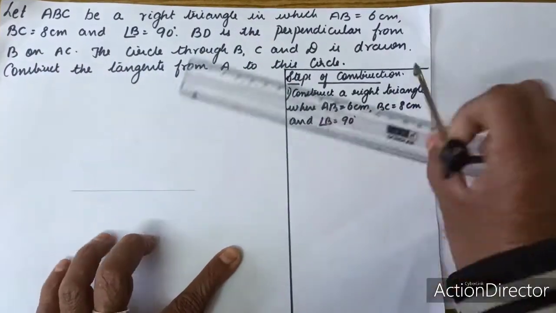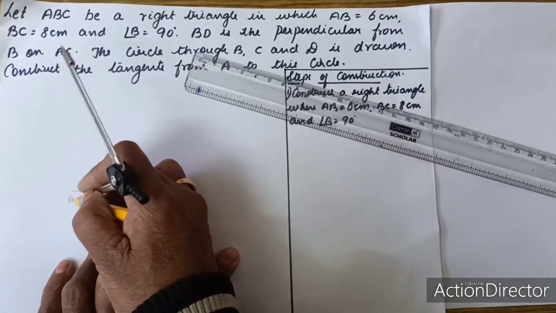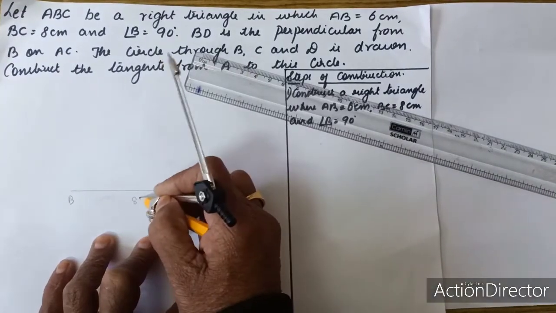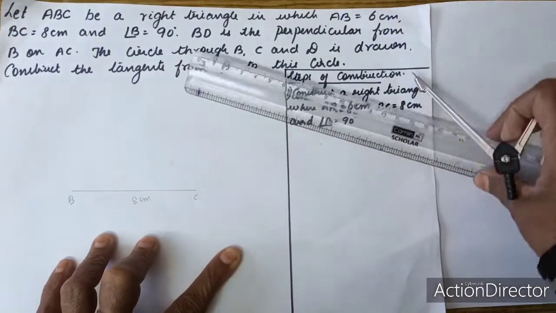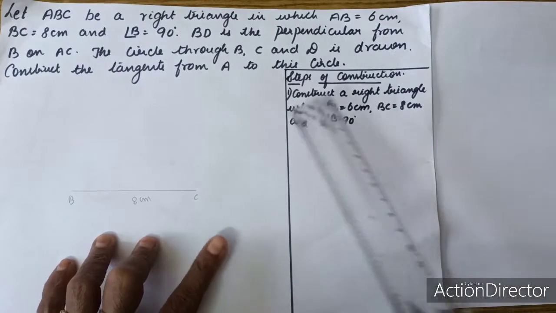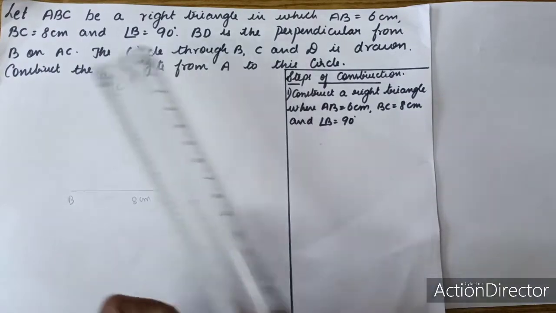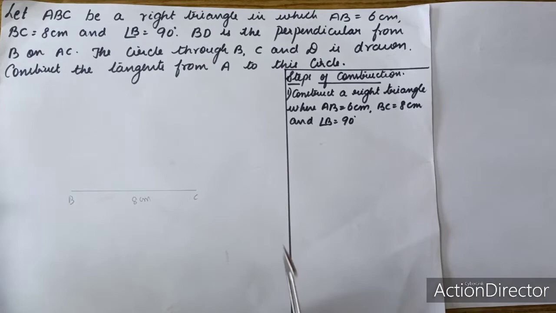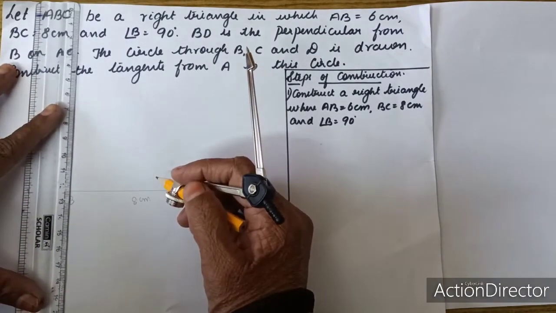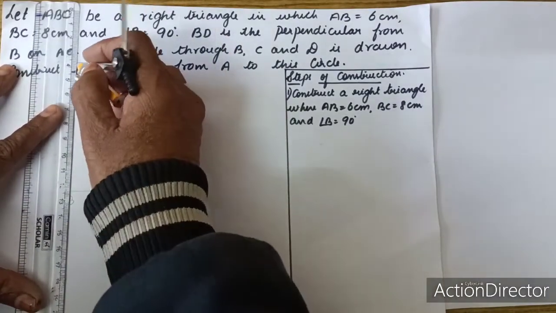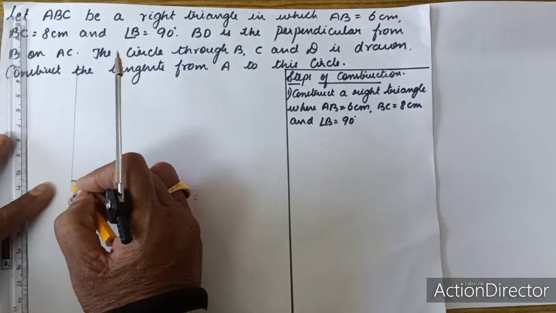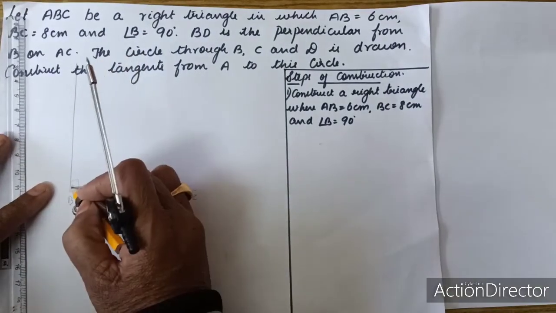Construct a line segment BC of 8 cm. Now at the point B, construct an angle of 90 degree. You can either construct with compass or protractor. Now let me draw with this scale 90 degree. So this angle is 90 degree.